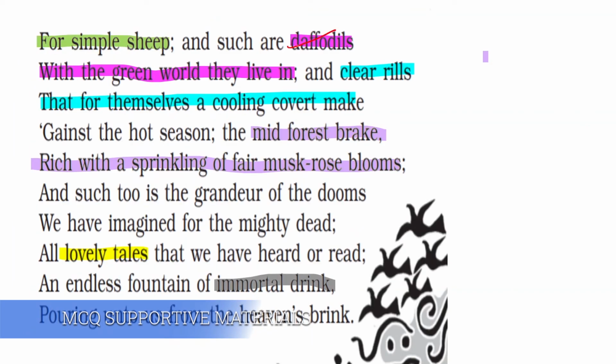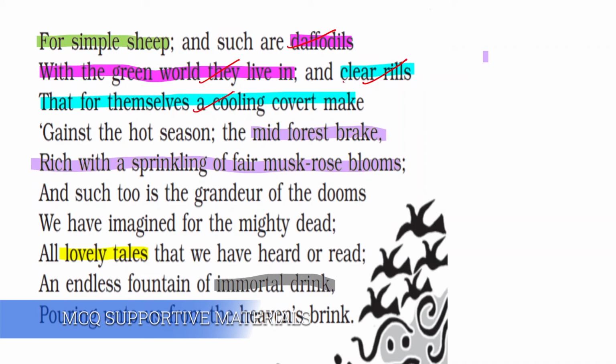Then daffodils with the green world they live in. This is yet another imagery. The life and growth of daffodils is brought here as an imagery. Then clear rills that for themselves a cooling covert make.